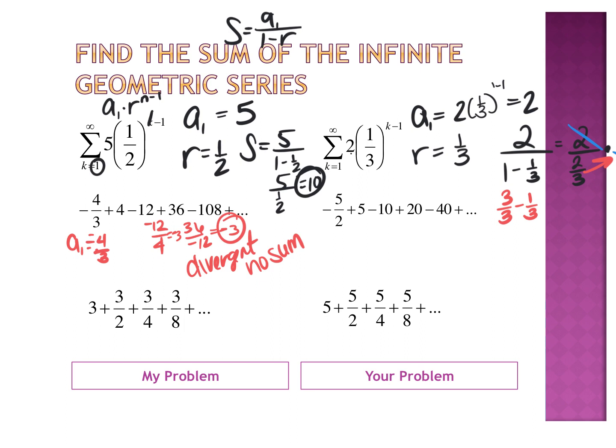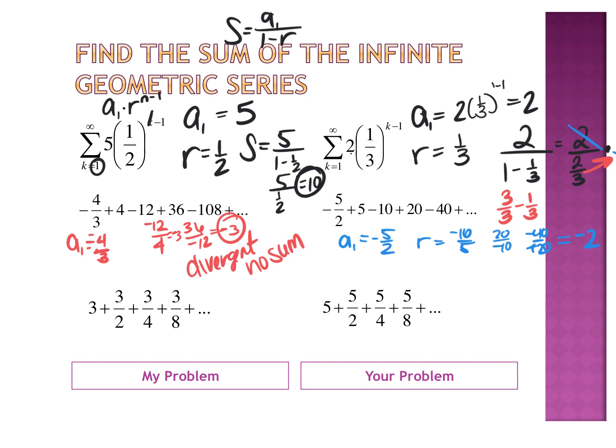All right, look at the next one. Give it a try. Identify your a1 and your r. Pause it before you watch me do it. Okay, you should have already done it. a1 is negative 5/2. r, negative 10 over 5, 20 over negative 10, negative 40 over 20, sorry. r is equal to negative 2.